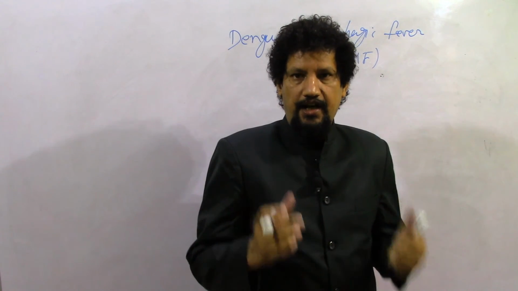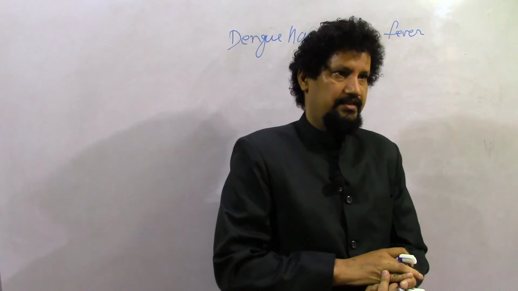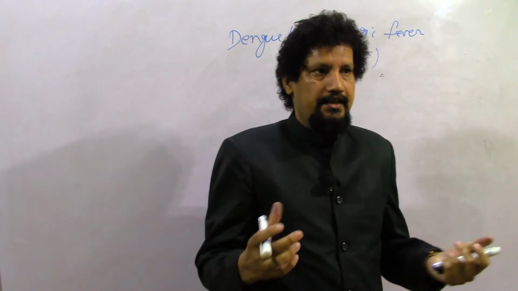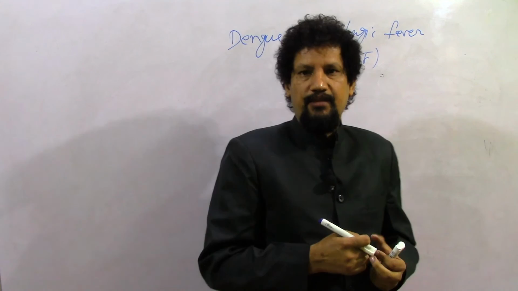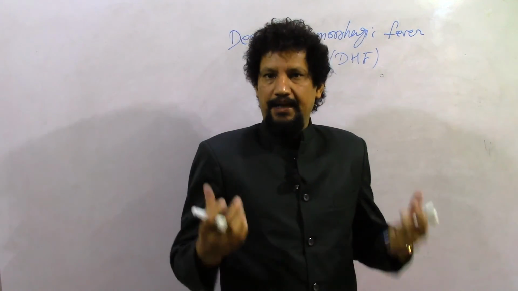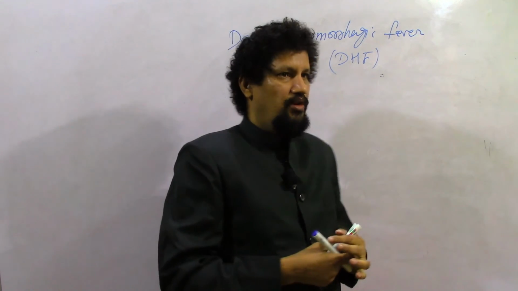These all start from abrupt or sudden onset of high grade fevers, especially in adults. In younger children, the fever is not very typical, but it may be in form of simple febrile illness. But in adults, it is having a typical presentation in form of sudden onset of high grade fever.